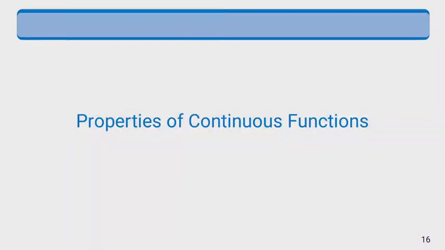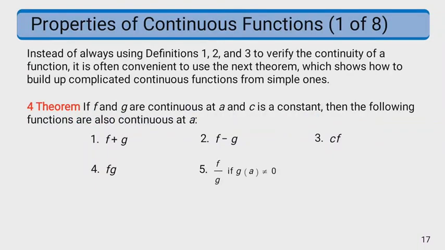Properties of continuous functions. So let's look at some properties of continuity. First, looking at this theorem, let's assume that f and g are two continuous functions at a point x which is equal to a, and c is some constant. Then the following functions which are made from these functions are continuous at x which is equal to a.